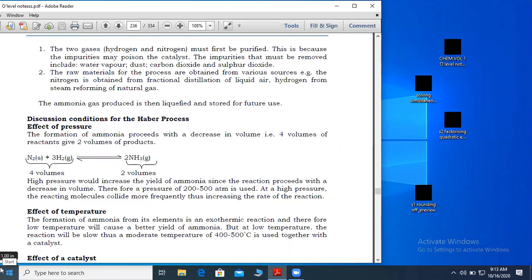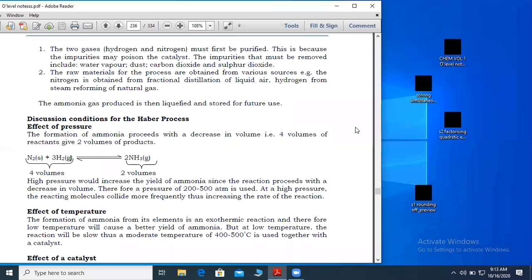Part B, the ammonia formed can be converted to nitric acid in presence of a catalyst. Jacinta, what is that catalyst? Where ammonia is converted to, because the process is catalytic oxidation of ammonia.